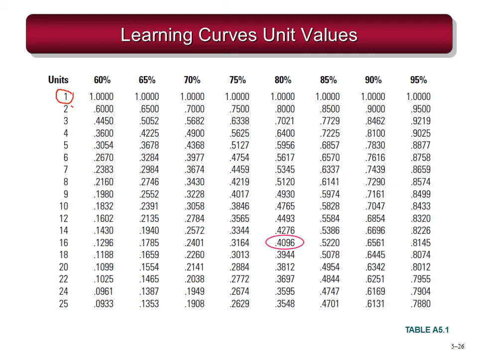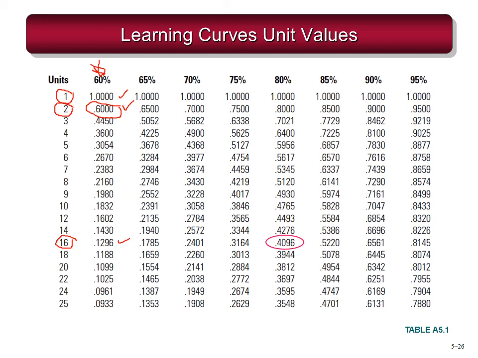So for the second unit, if we consider a 60% learning curve, the time required would be 0.6. Initially the time required for a piece of work was 1 hour. That will come down to 0.6 hour. For the 16th item, it would be 0.1296 hour.